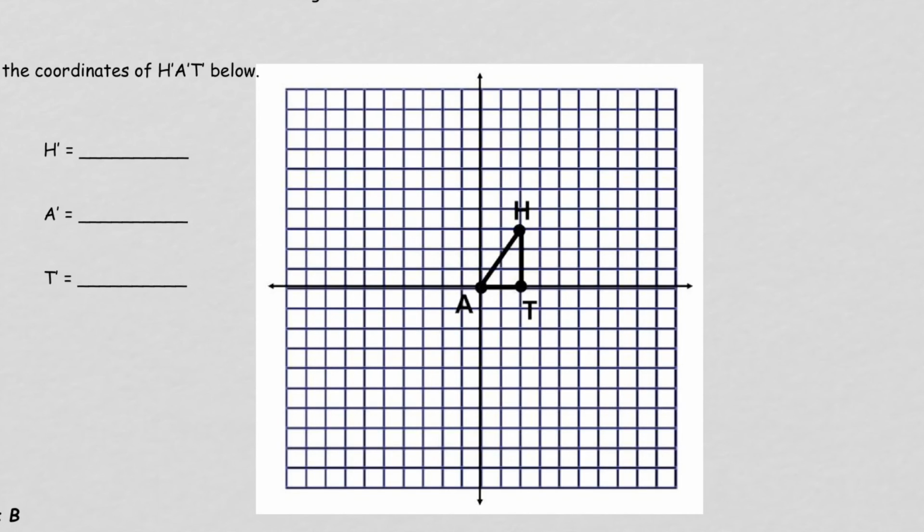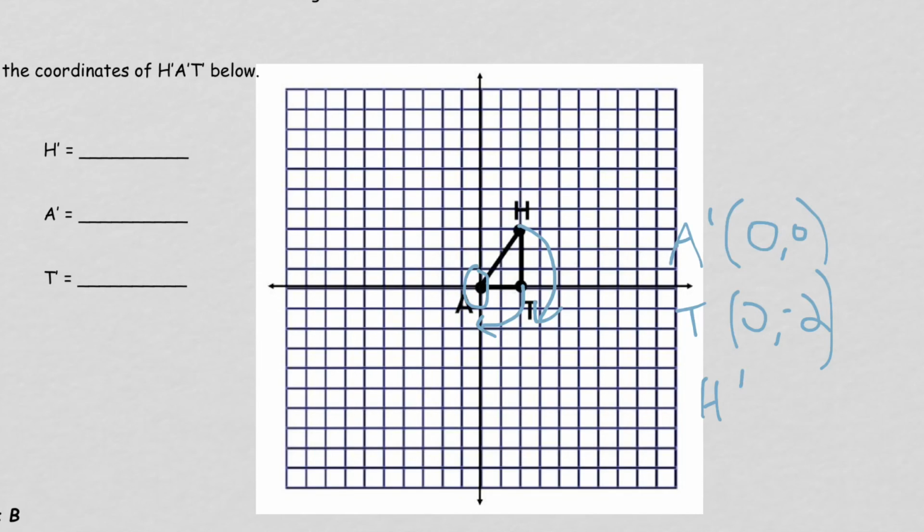And if I turn my paper clockwise, I can see that A prime is still going to be at 0, 0. Still there. But when we go clockwise, this T is going to come down there. So T prime is going to be at 0, negative 2. And then we can see that when we turn everything clockwise, H is going to end up there.